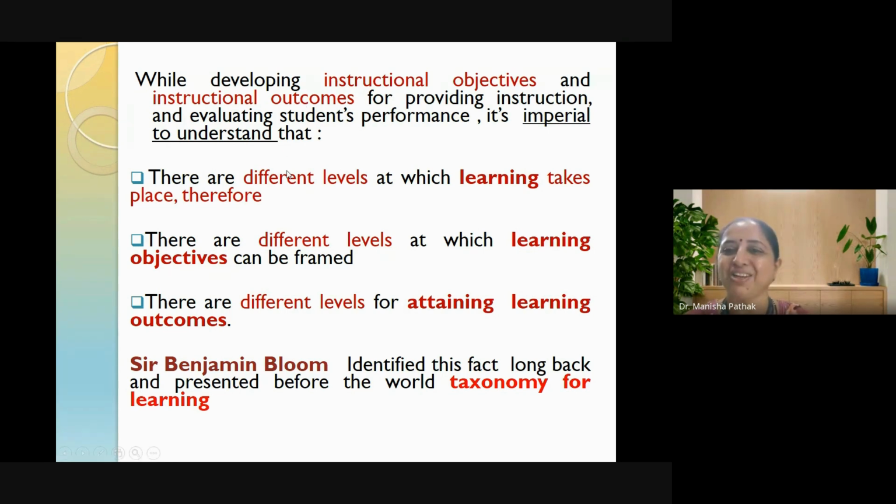It is not that all individuals learn in the same way. There are different organisms with a lot of diversity, and therefore they learn in diverse ways. Therefore it's imperative for the educator to develop objectives at different levels and design learning experiences at different levels.